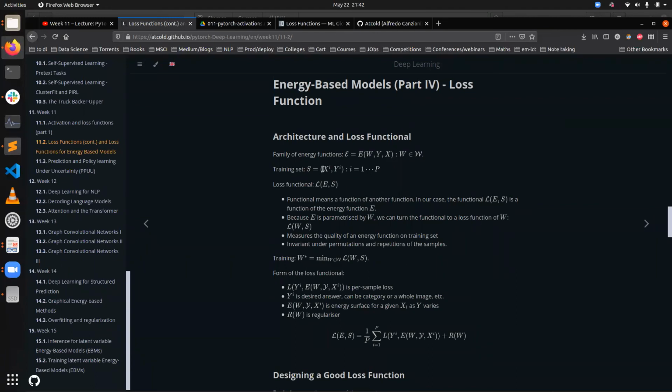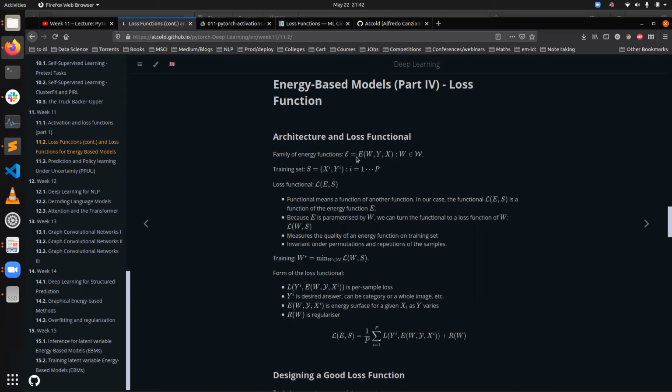So your training set is the set of the x_i and y_i for i ranging from 1 to P. P is the number of samples that you have, and x is your input and y is the corresponding output.